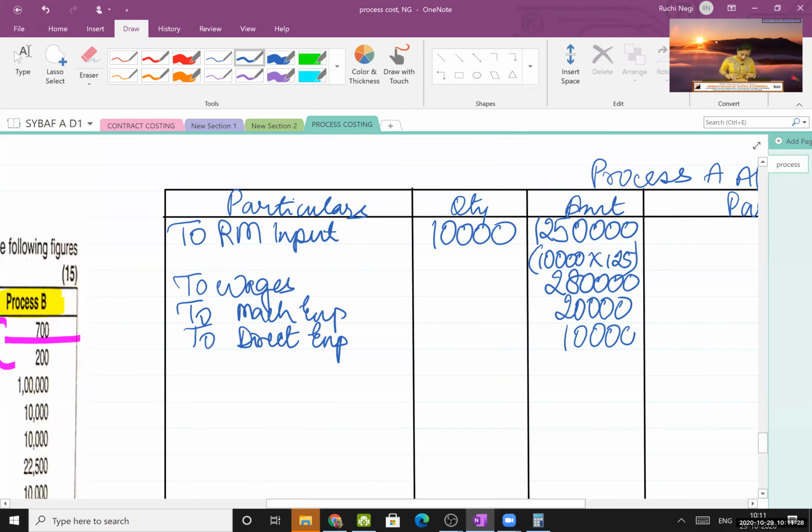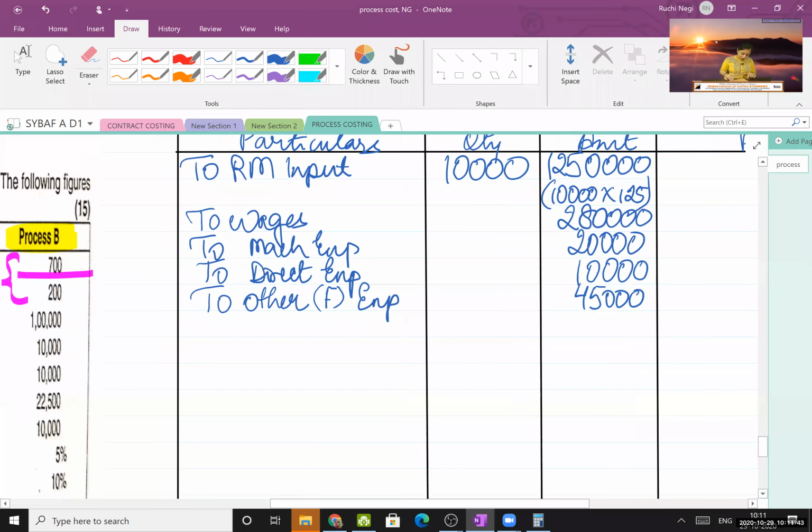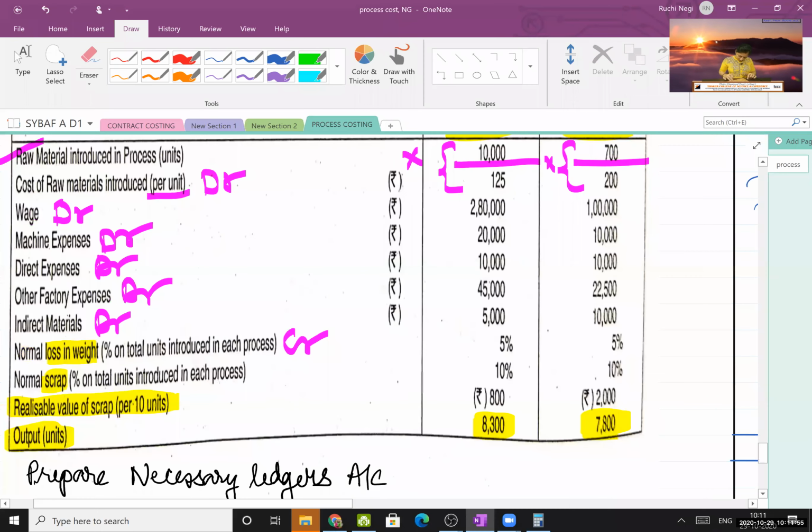Next. Other factory expense 45,000. Next, to indirect material 5,000. Okay, that's it. So debit side, all my expenses are done.